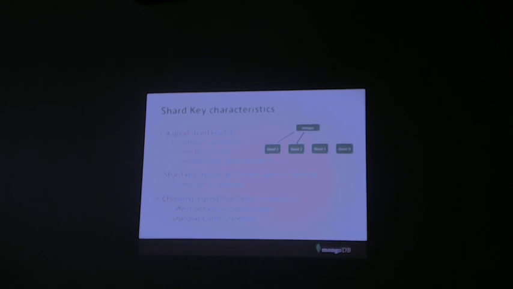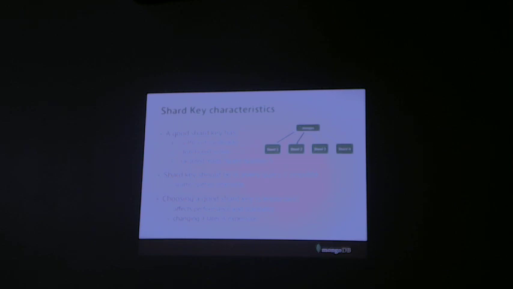And it can do that if your shard key has sufficient cardinality. So I'll give you an example: if you just had 4 values, that would be bad because I could never have more than 4 shards. I can't subdivide that anymore. So you want your shard key to have sufficient cardinality.